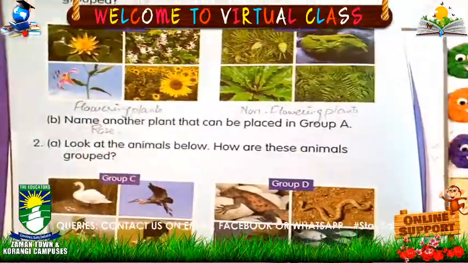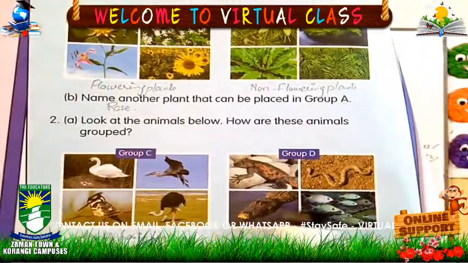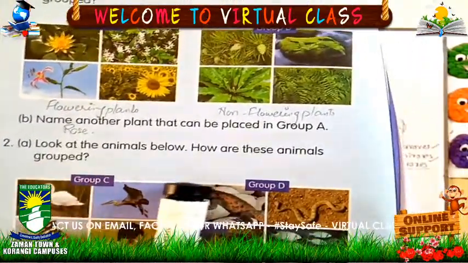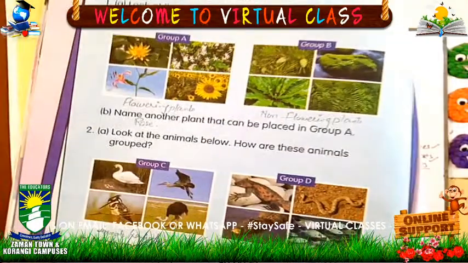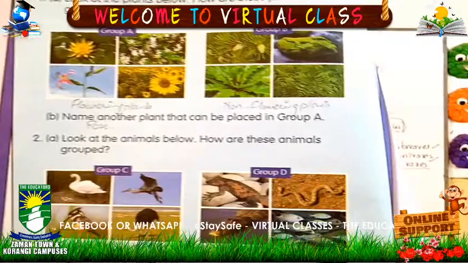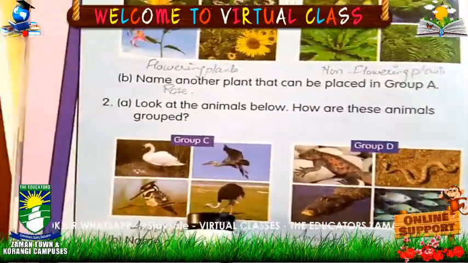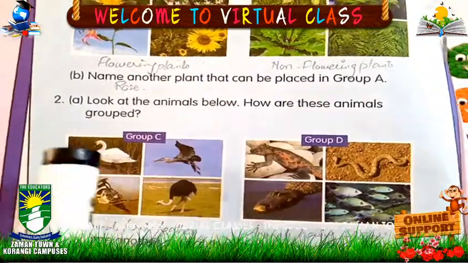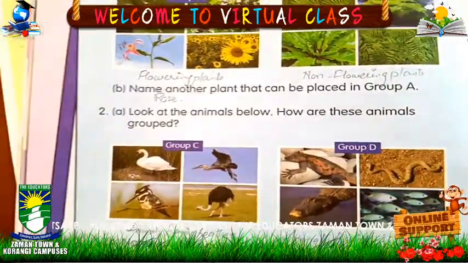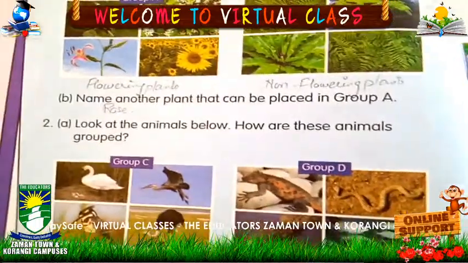Okay, let's move toward number 2. Look at the animals below. There are 2 groups. We have to look at them. How are these animals grouped? It is the same as before. We have to tell what their similarities are, that they are grouped together. You can see in group C that these animals used to fly because they have wings. The wings help them to fly.